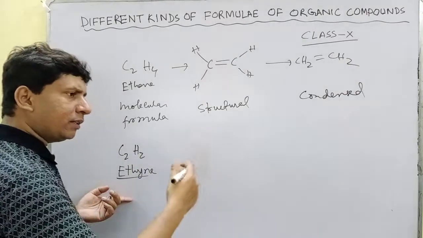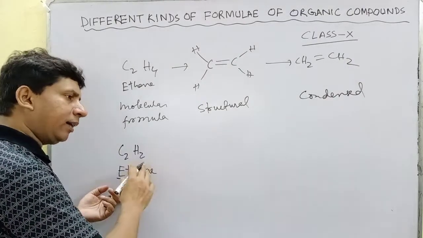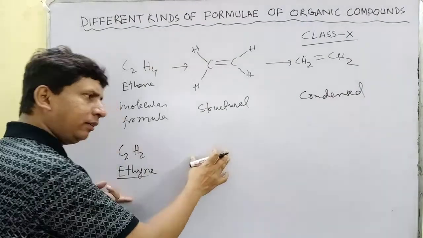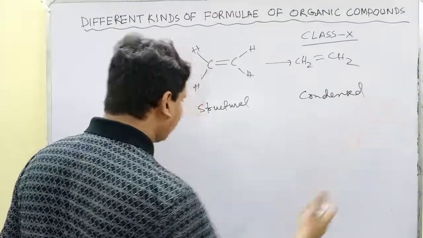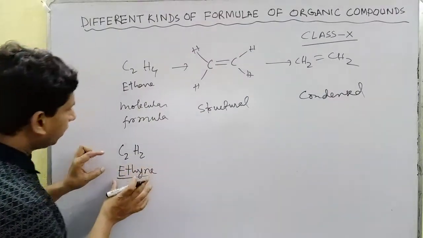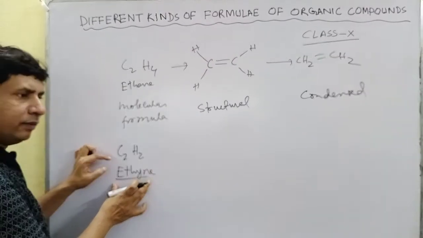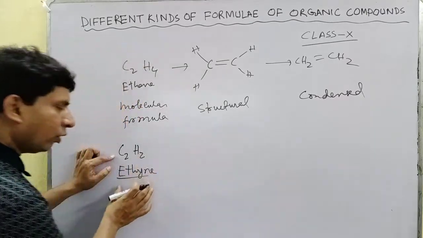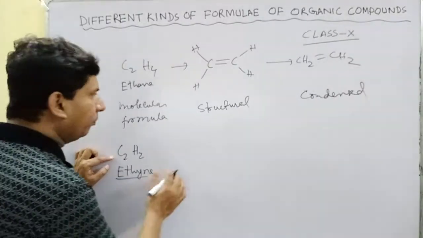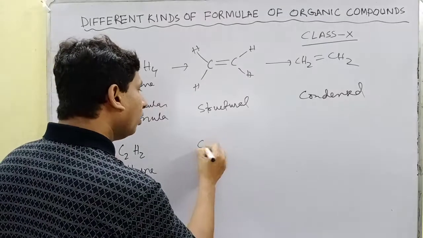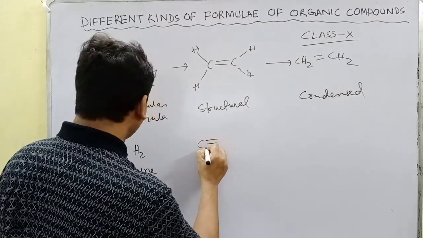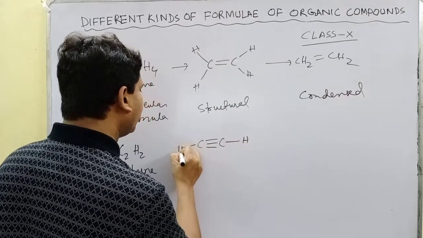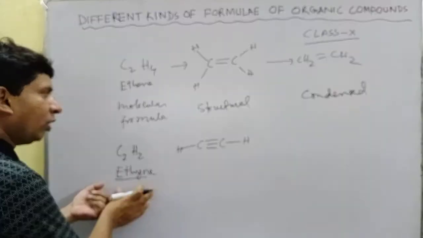There is a homologous series of alkynes: the first one is ethyne, then propyne, butyne, pentyne, hexyne, in this way. So this is the molecular formula of ethyne. It is also known by the common name acetylene. Then there is a carbon triple bond, with a hydrogen on each carbon. So this is the molecular formula.